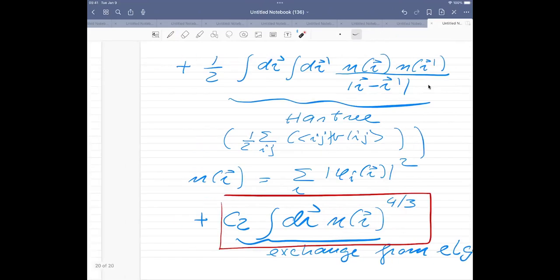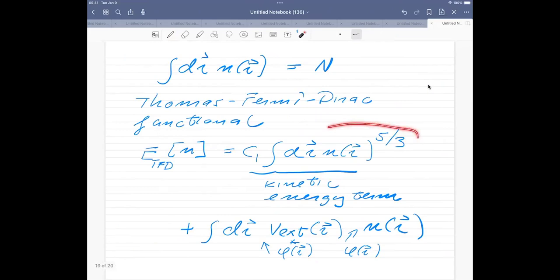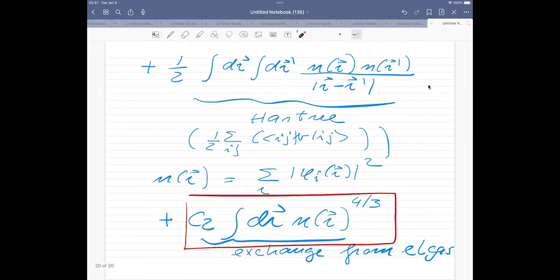And the kinetic energy had, on the other hand, a term which depended on the density to the power of 5/3. So this is an approximation which is now made for the energy as a function of the density, but where the density is given by a single Slater determinant.